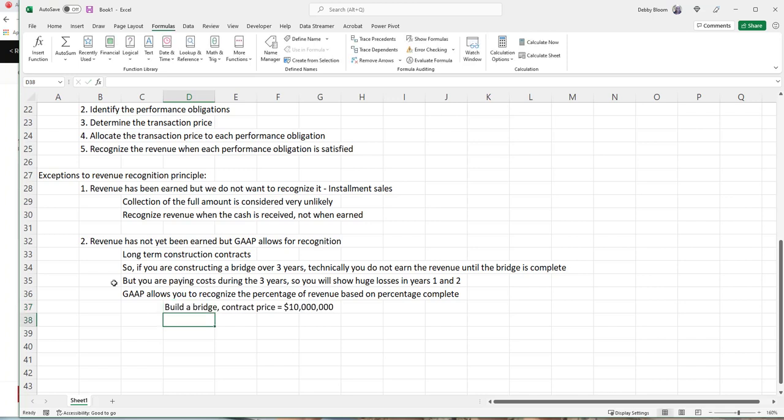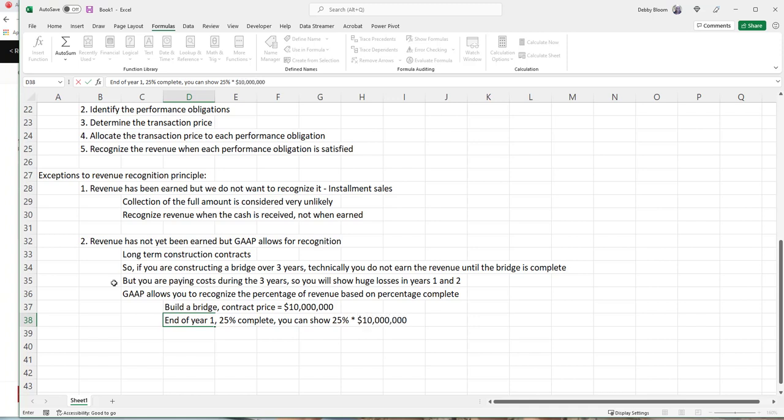If at the end of year 1 you decide that you're 25% complete with building the bridge, you can now show 25% multiplied by the $10 million, which is $2,500,000 of revenue in year 1.